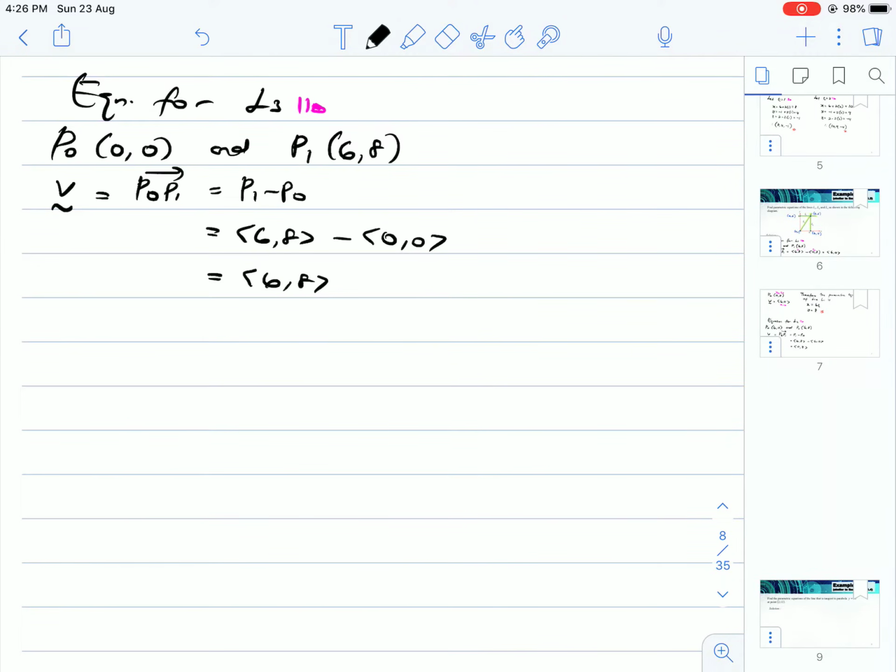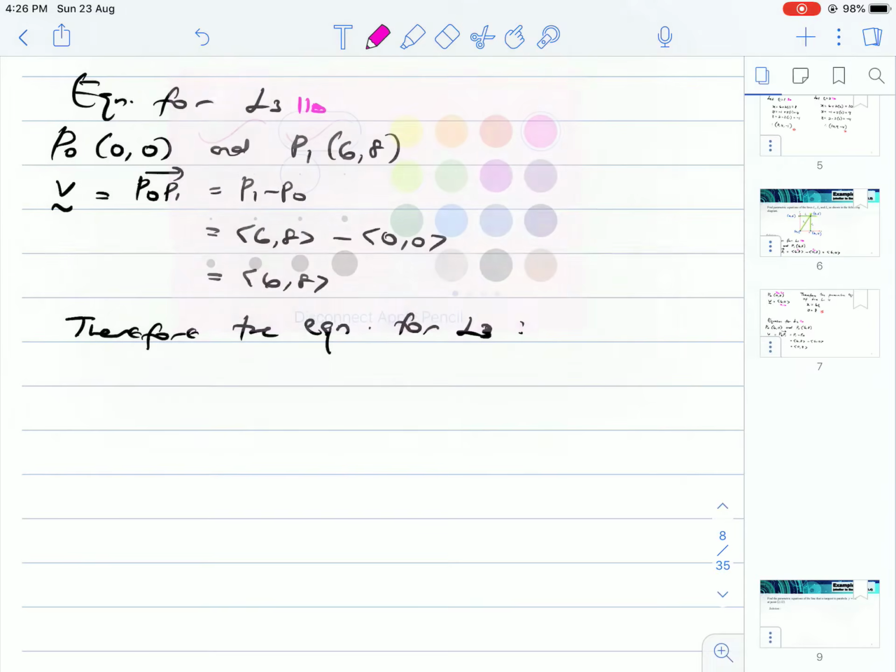Yes, like this. So now, the equation for L3 should be, in this case, this is our X0 and Y0, and this is our parallel vector A and B. So X equals X0 plus At.